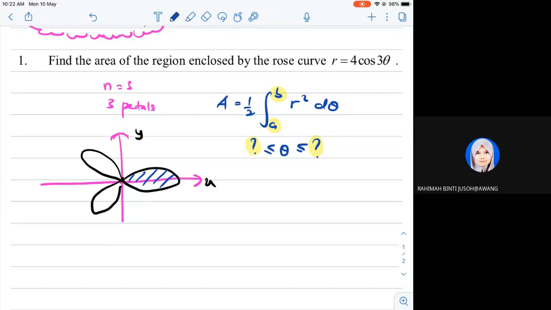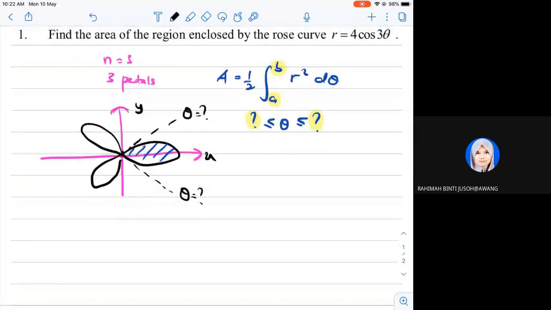We are going to find the angle here and the angle right here. In order to determine the angle, we let r equal 0.